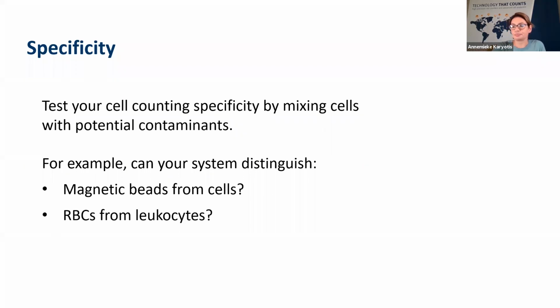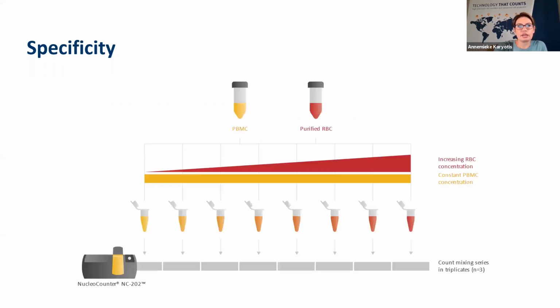In our case, we got some PBMCs and some purified red blood cells, and added red blood cells to the PBMCs in increasing concentrations, and then looked at the counts to see if it affected them, and if it had an effect on another machine as well.